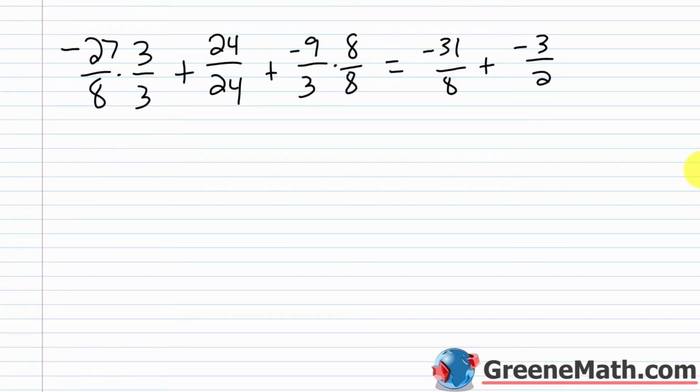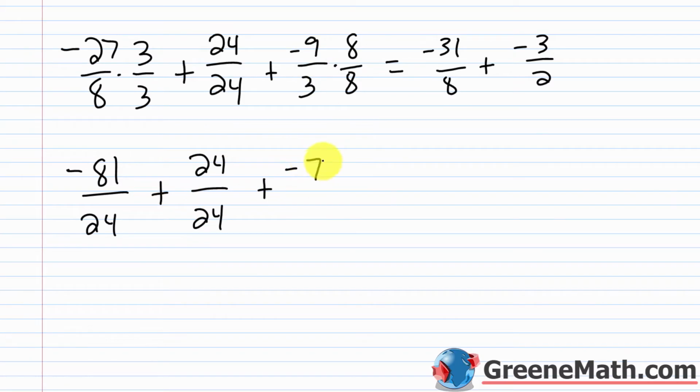All right. So what is negative 27 times 3? Well, that's negative 81. So this would be negative 81 over 24 plus 24 over 24 plus negative 9 times 8 is negative 72 over 24. Let's go ahead and figure this out real quick. So if I have negative 81 plus negative 72, so 81 plus 72, kind of mentally, 1 plus 2 is 3, 8 plus 7 is 15.